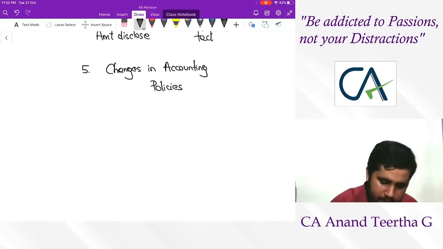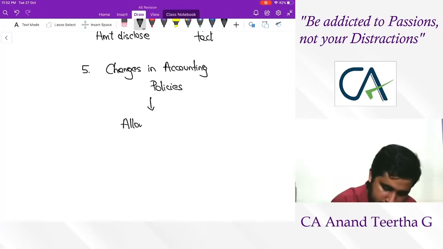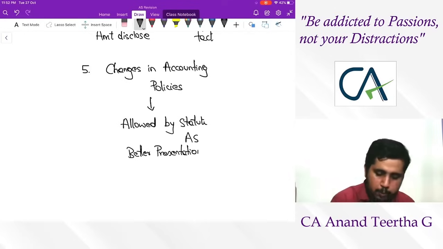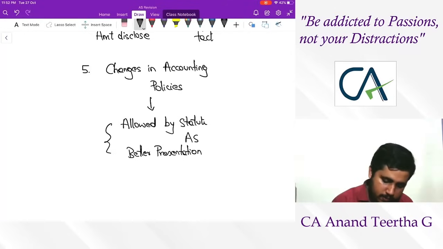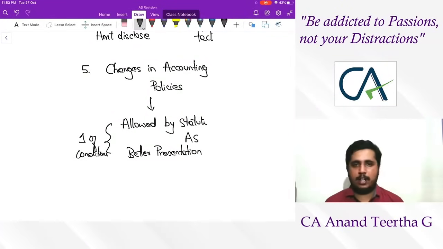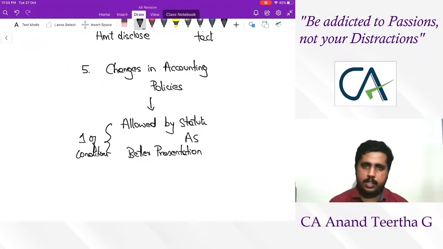So accordingly, whenever there is change in accounting policies, first thing to be understood, only if it is allowed by statute or allowed by AS, or it leads to better presentation. So it is allowed to be changed only if one of these conditions are satisfied. Otherwise, first of all, it's never allowed. Okay, so it should come under statute or AS or better presentation.